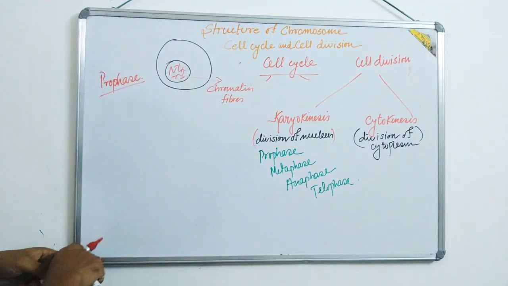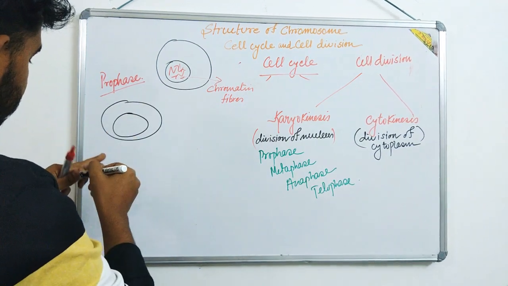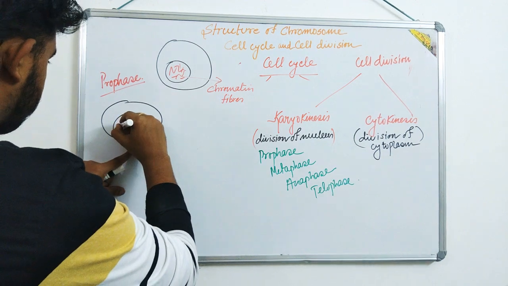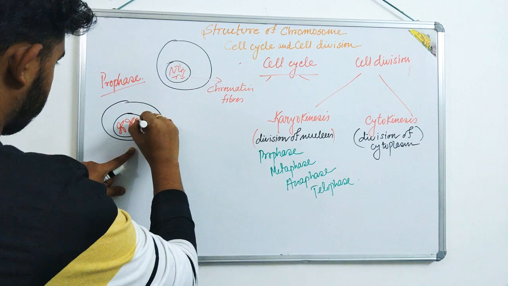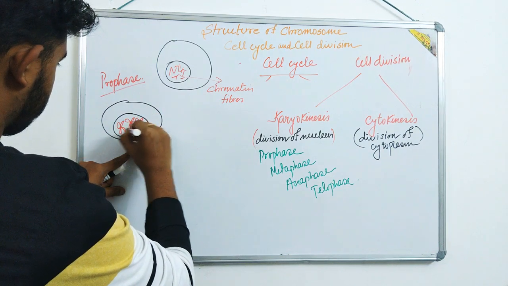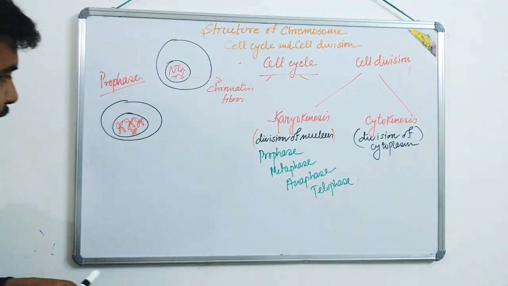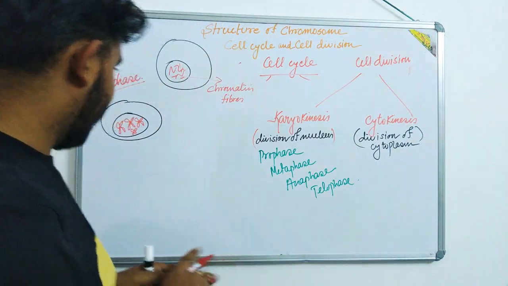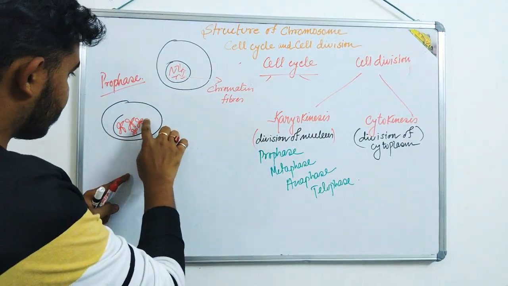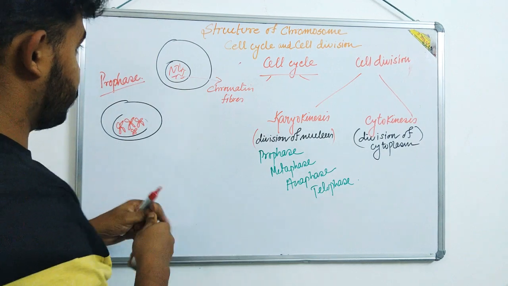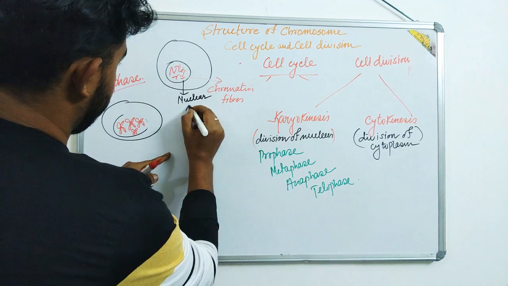So what happened in prophase? The chromosomes start condensing, and at the fag end, at the end of this prophase, what happened? This nuclear membrane, let me just draw here. This is your nuclear membrane.